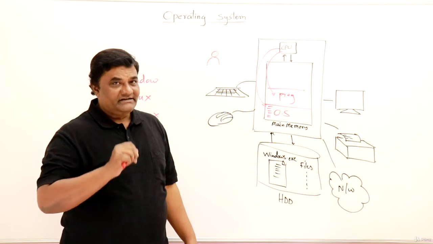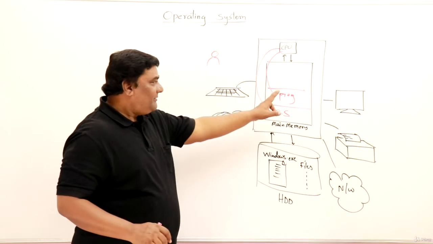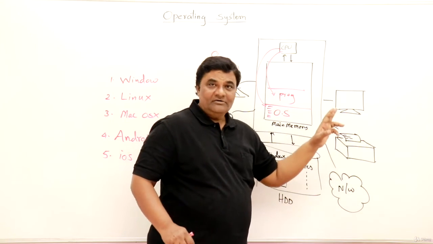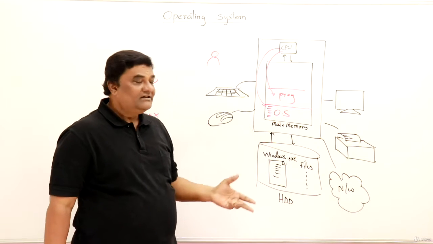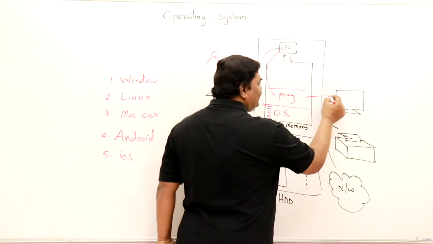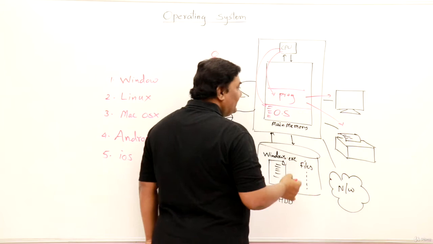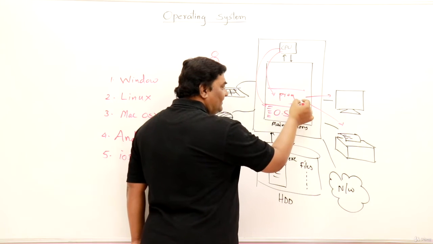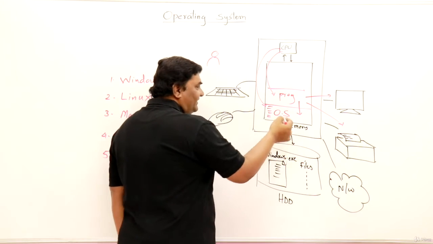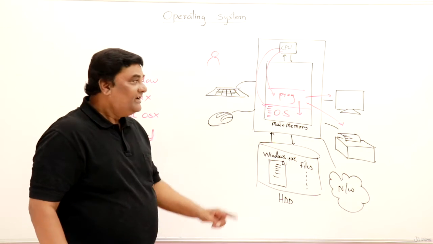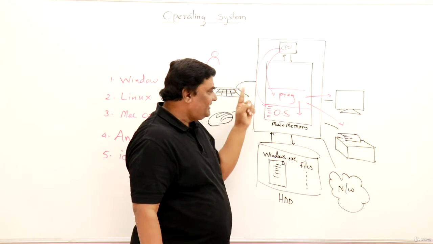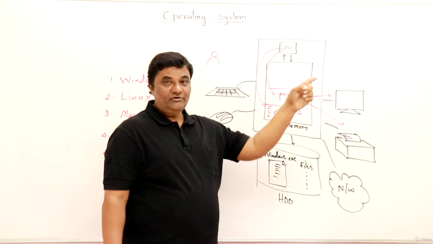Now, the last thing. When a program is accessing a monitor, printer, network or anything, the program cannot directly access anything. It has to make a request to the operating system. If it has to display something on the monitor, it should ask the operating system to display it.